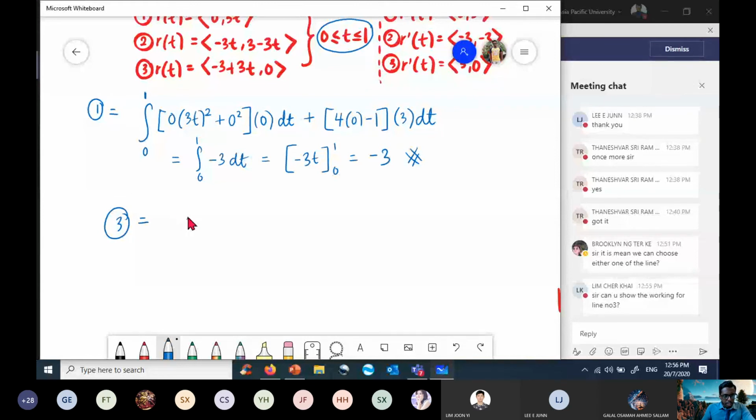So, putting into here, we get line number 3. x times y squared plus x squared.